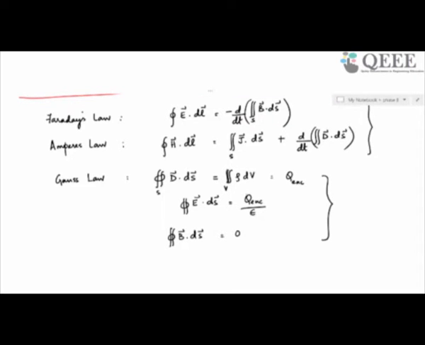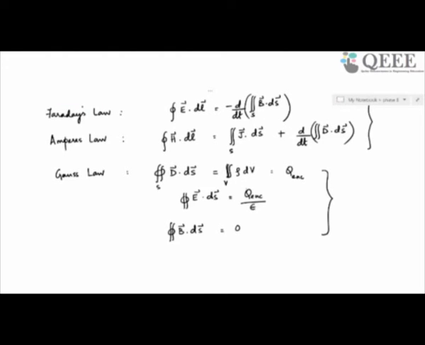Last class we discussed when we use the integral form. I said we will use the integral form when we want to apply Maxwell's equations at a boundary, because none of these equations specify that they can be applied only in a specific medium.